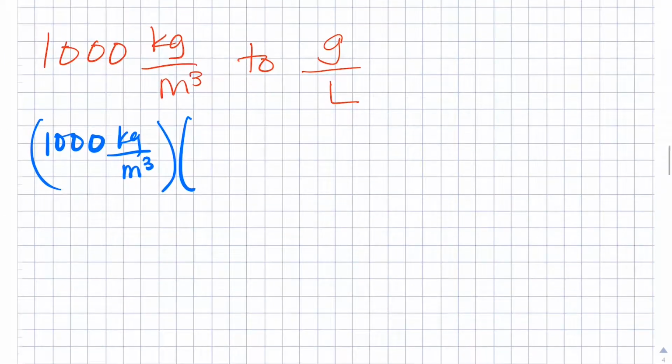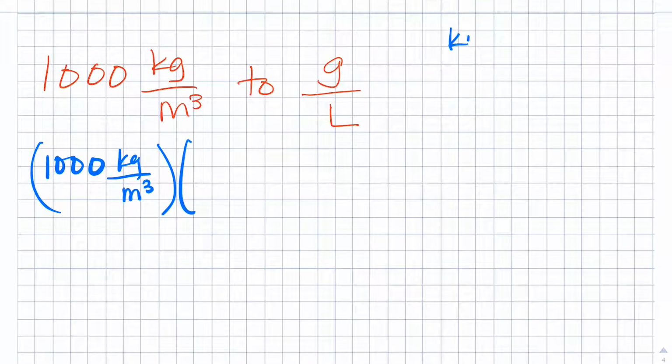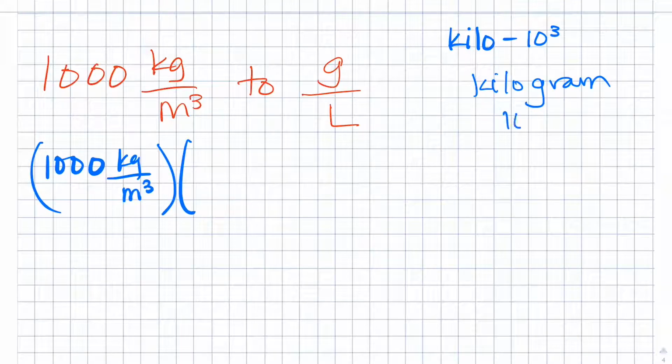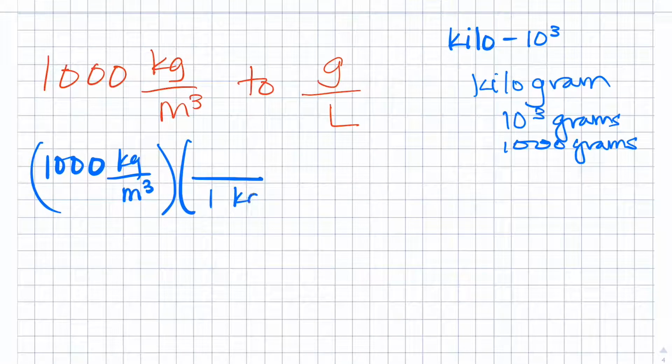But something that will be useful to you is kilo in the SI system really means 10 to the third. And the base that it's based off of is grams. So if I have a kilogram, I have 10 to the third grams, or 1,000 grams. So coming back here, I can just say right off the bat that 1 kilogram is equal to 1,000 grams.